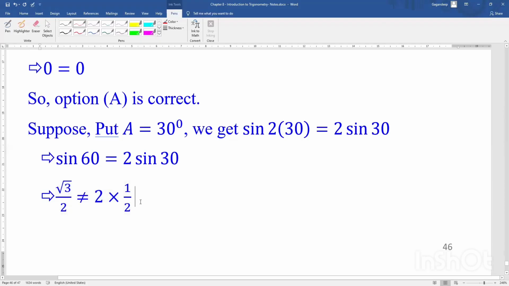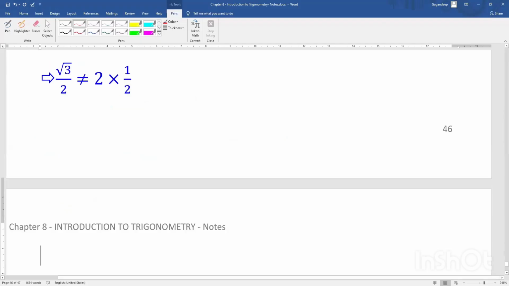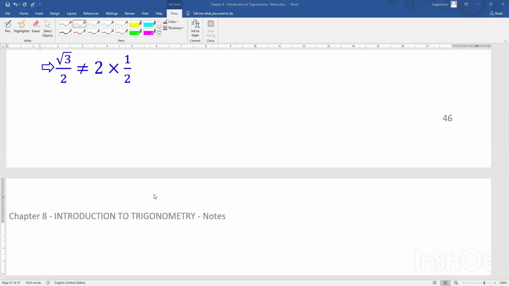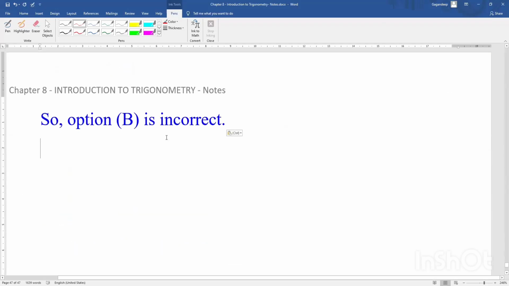So we can't take this option. So option B is incorrect.